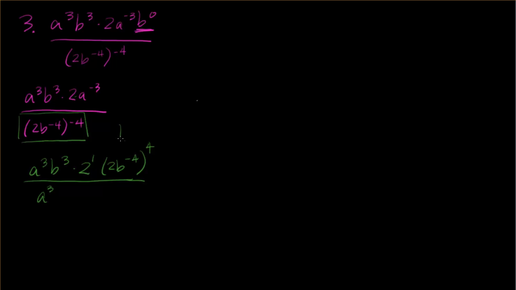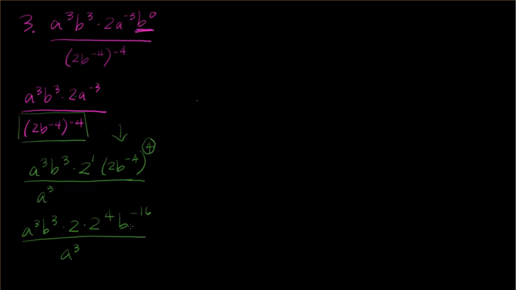I am going to separate these values inside of the parentheses by distributing this 4. Let's go ahead and do that. So I have an a to the third and b to the third times 2 times 2 to the 4th and b to the negative 16 all over 3a.